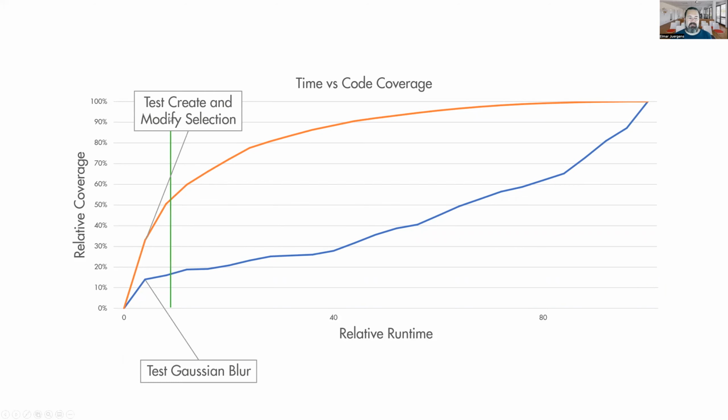And that means if we cut the test suite here and only execute the first 5%, 10% of the tests, then in this order, we get a much higher coverage and hopefully a much higher amount of bugs we can find than if we just execute the first part of the test suite.